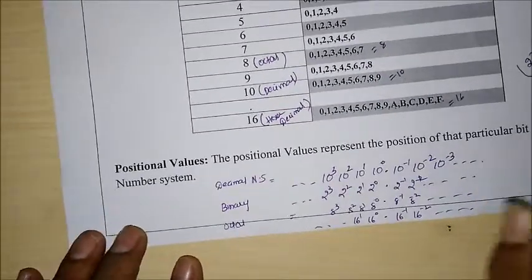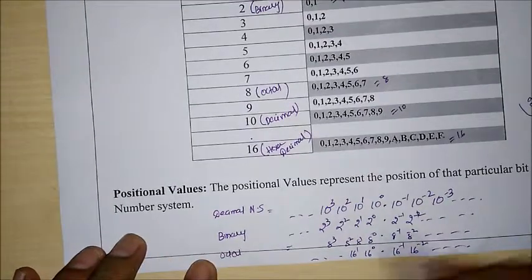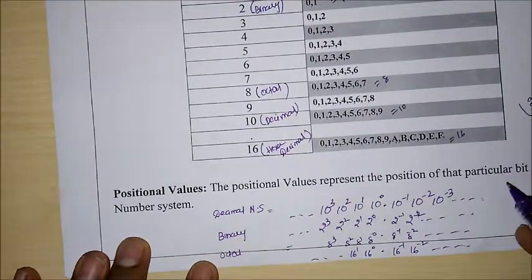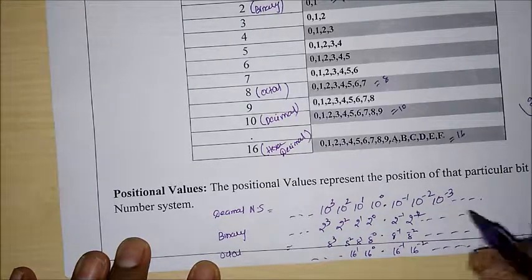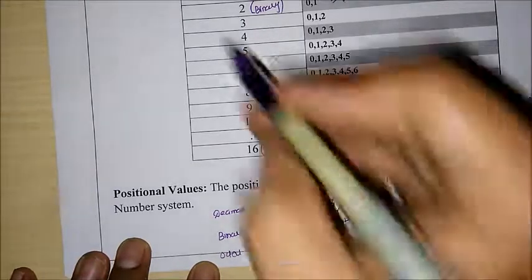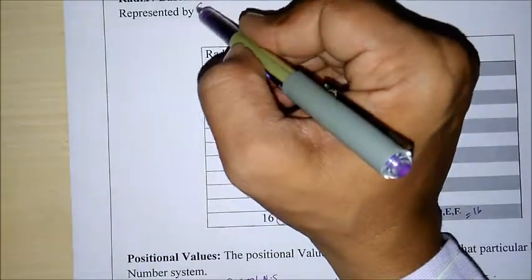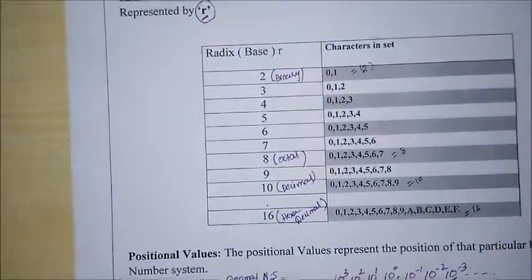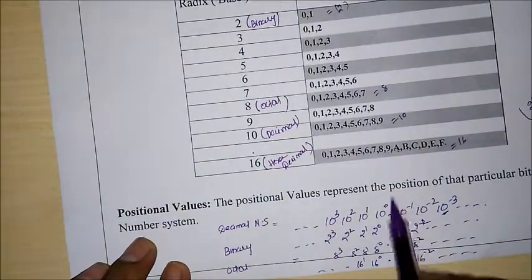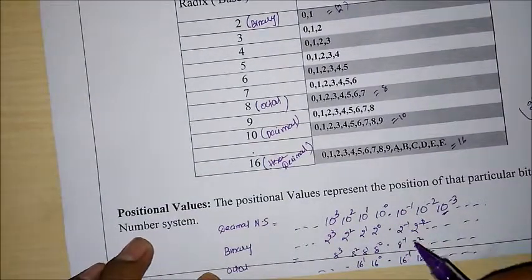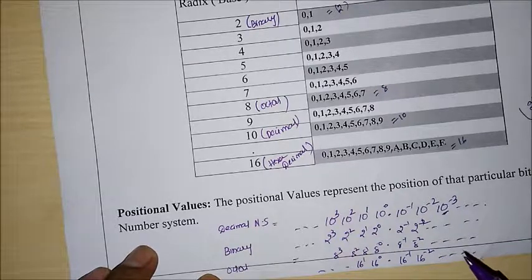On the whole, whenever I talk about positional values, the main thing that comes into the system is the base, or the radix. Whenever we have knowledge of the base, I can automatically find the positional values. So the positional values are nothing but the powers of that particular base.